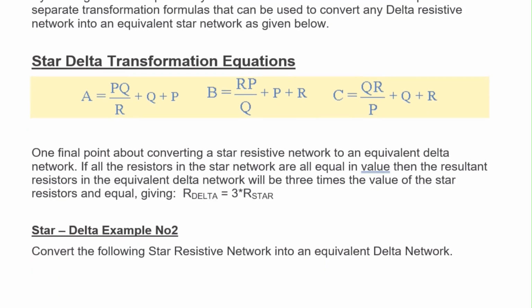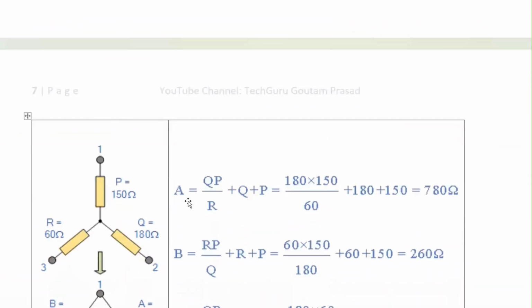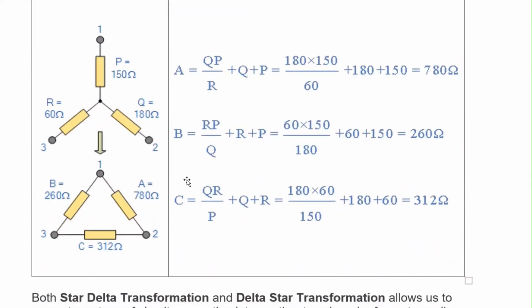In the similar fashion I pointed this out to help you in memorizing all these formulas so that you can help them. Here is an example. You have star connected resistances, and you have to transform it to delta. For that purpose, you can use this formula.